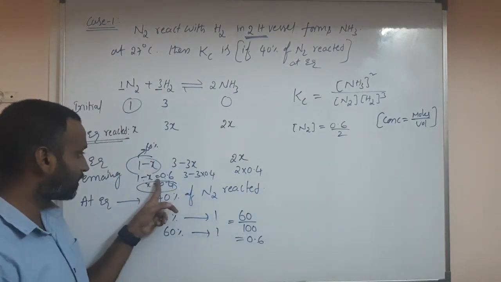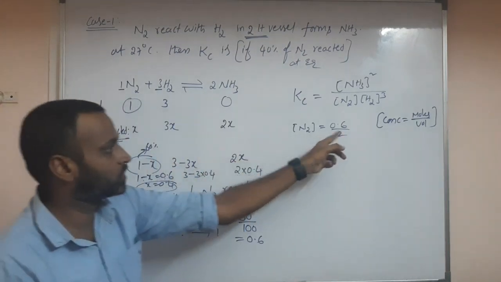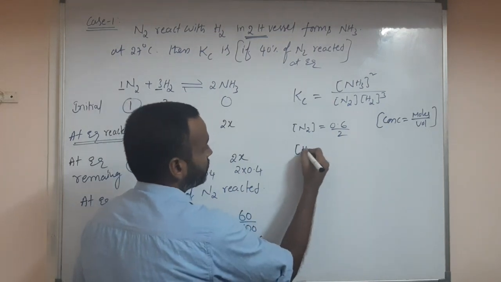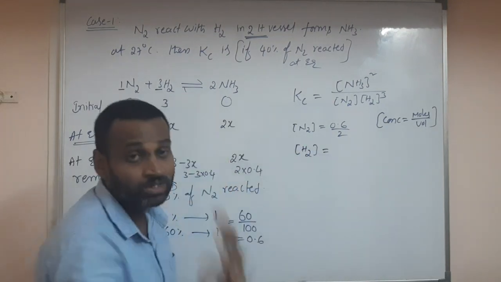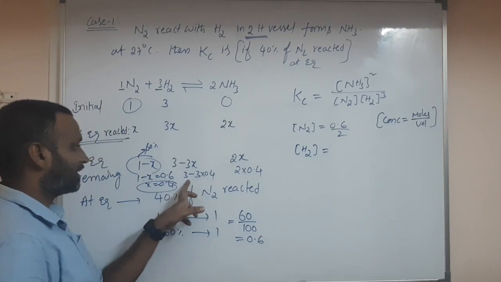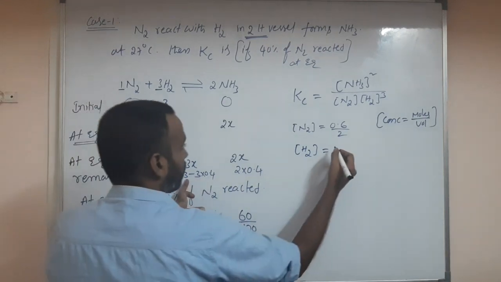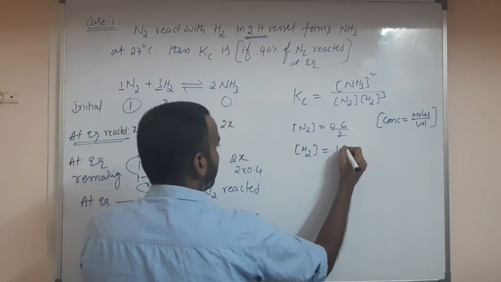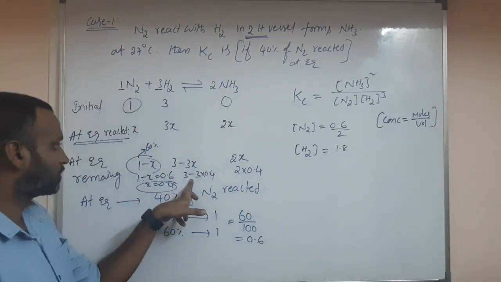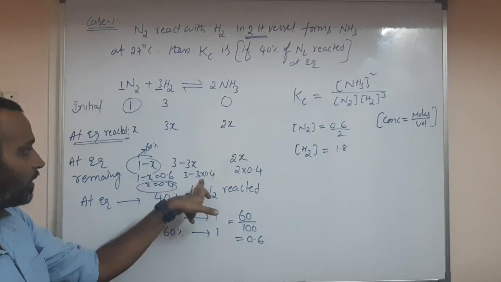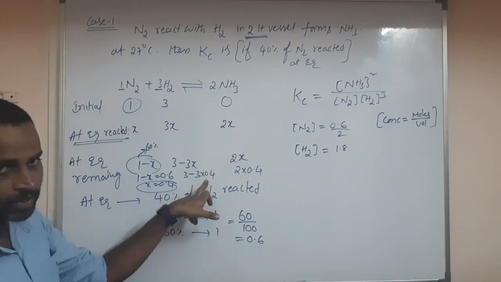How many moles remain? 0.6. That's why 0.6. Now what is the concentration of H2? This is 3 minus 1.2, which is 1.8, because 3 minus 1.2, right?